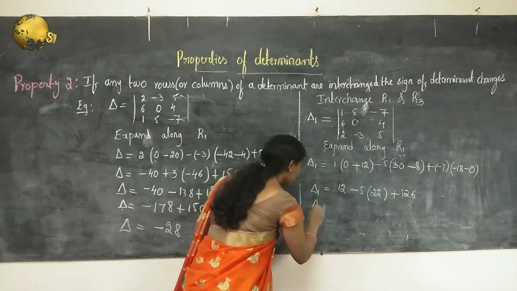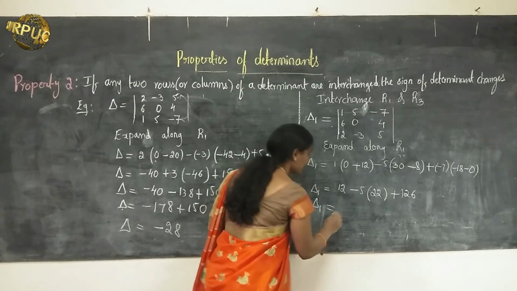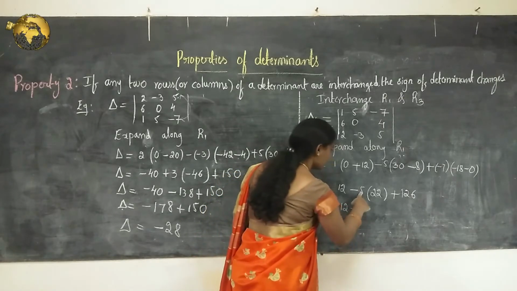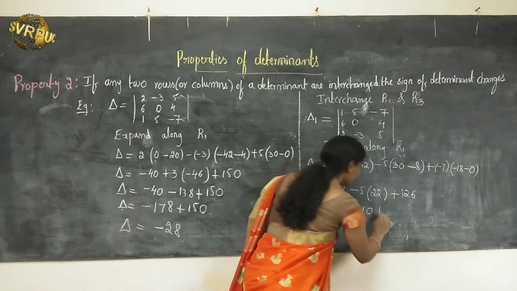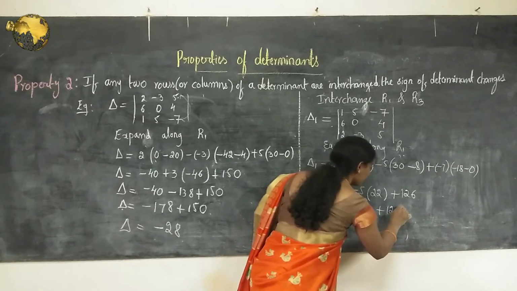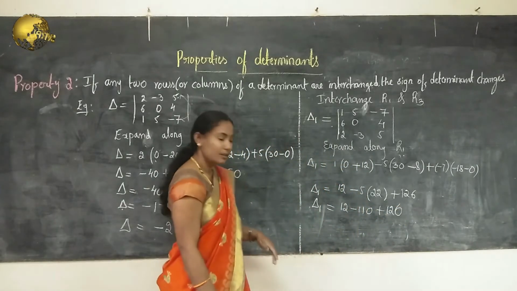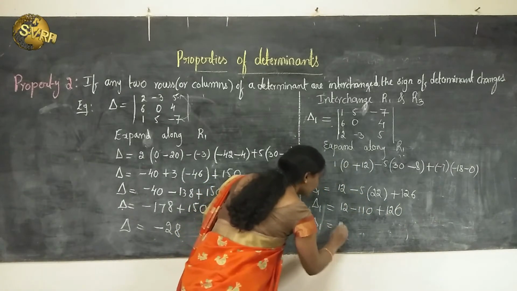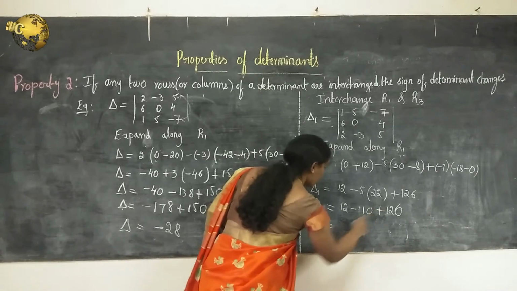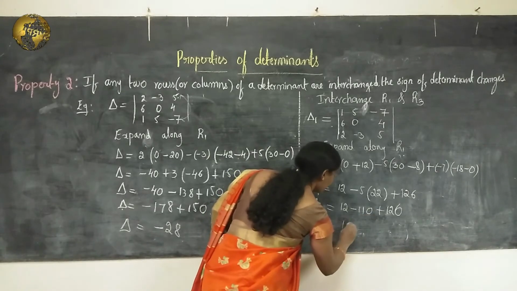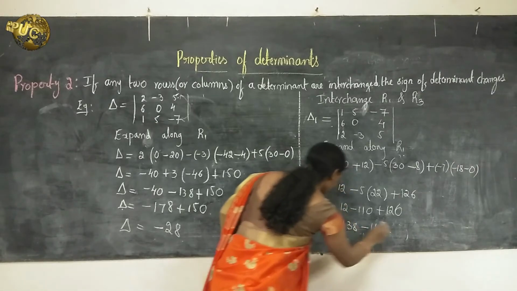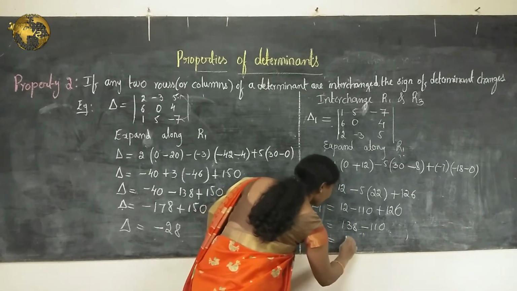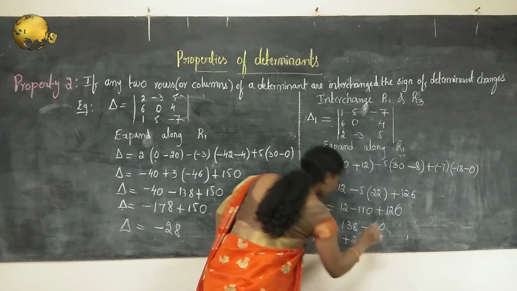Okay, so delta 1 is equal to 12 minus 110 plus 126. So it is 138, 12 plus 126, minus 110. So delta 1 is plus 28.